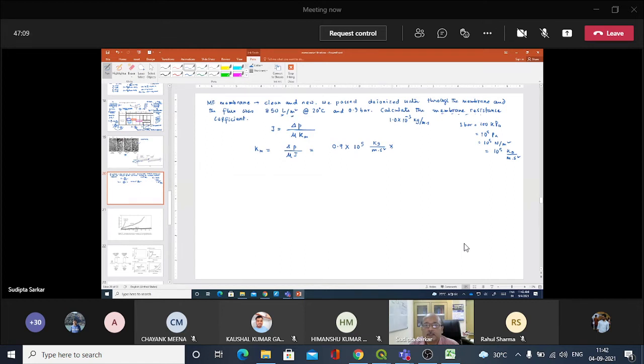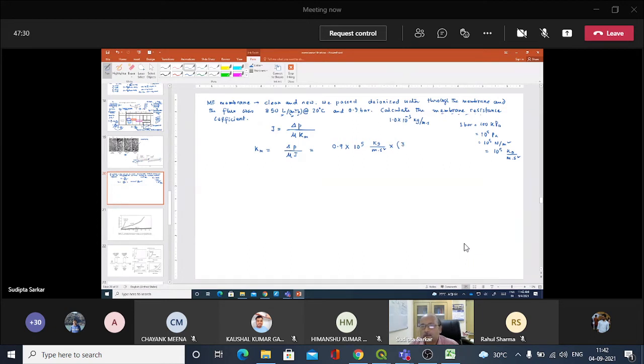We have liter per meter square hour. So here we have meter square per hour, so let us convert everything into hour.